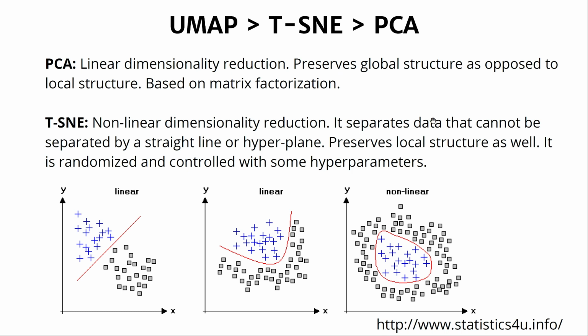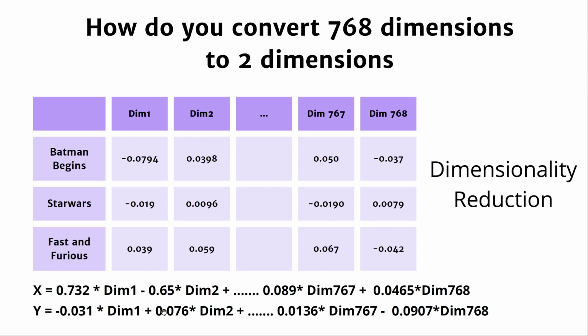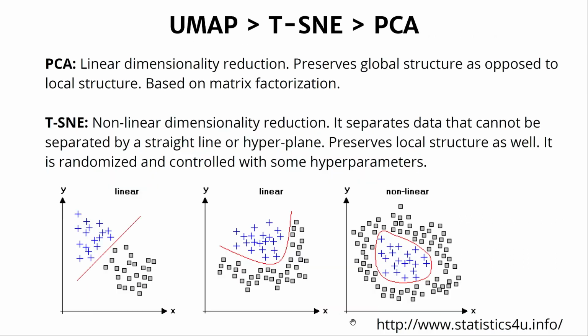So PCA is a linear dimensionality reduction. Like I mentioned, it's a linear combination of the dimensions, and those weight parameters are obtained using matrix factorization methods. PCA mostly preserves global structure as opposed to local structure.